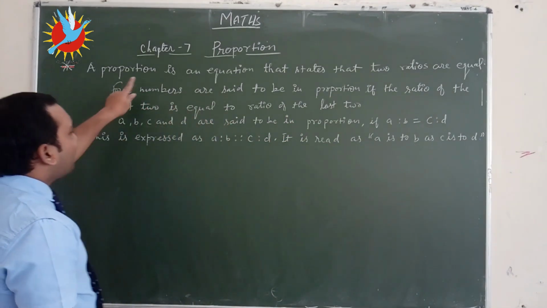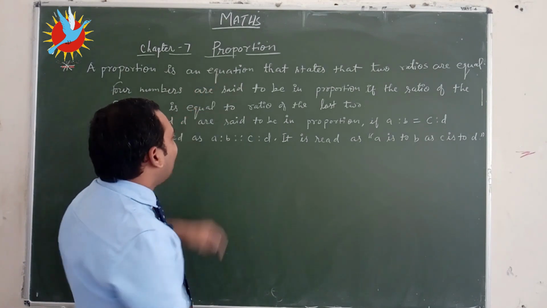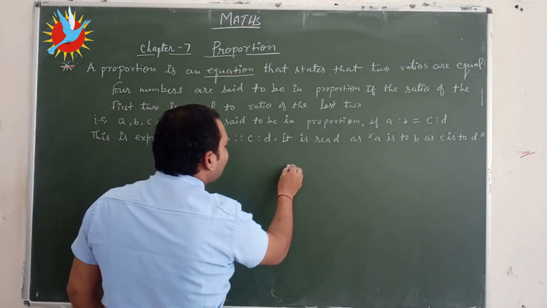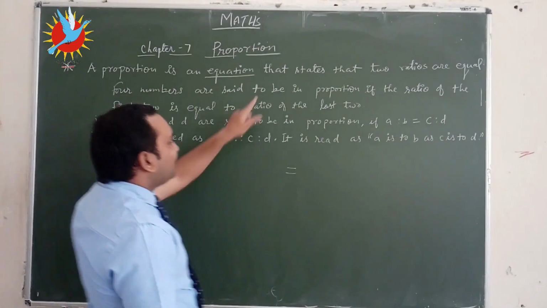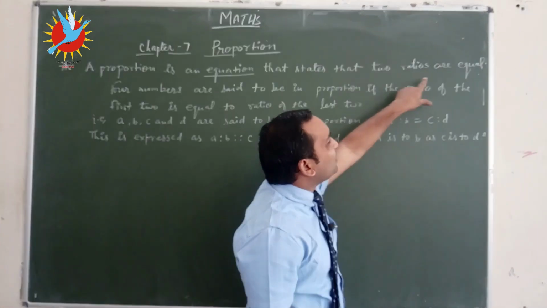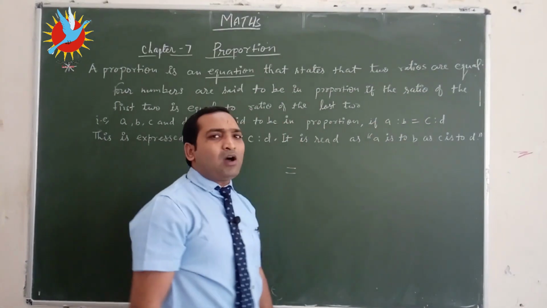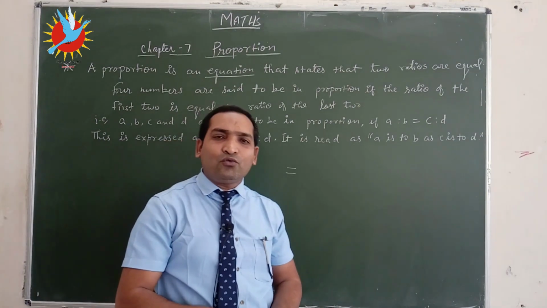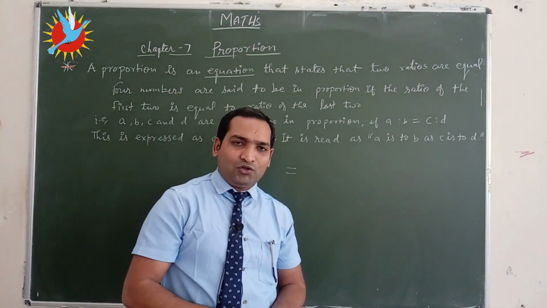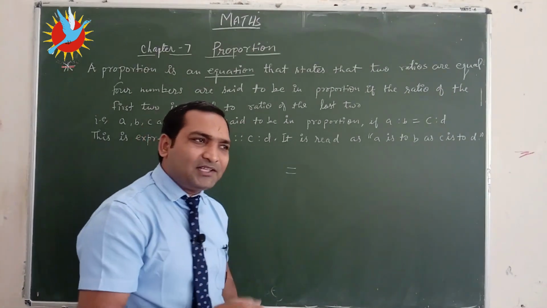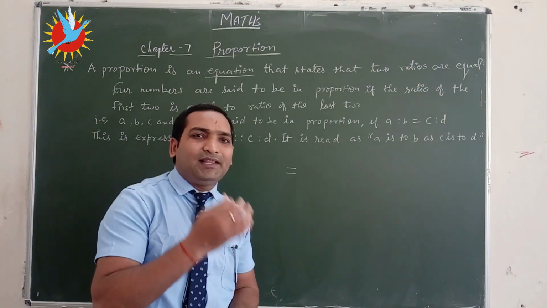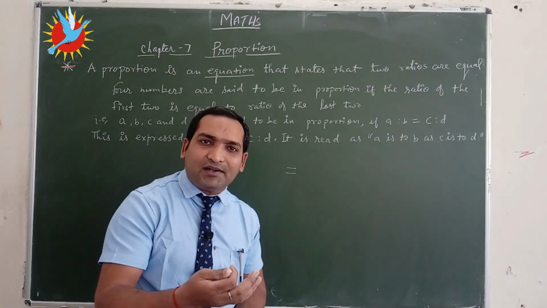It means proportion is an equation. An equation means there is an equality sign that states that two ratios are equal. So how can we say that two ratios are equal? Two ratios are always equal when they are equivalent ratios.